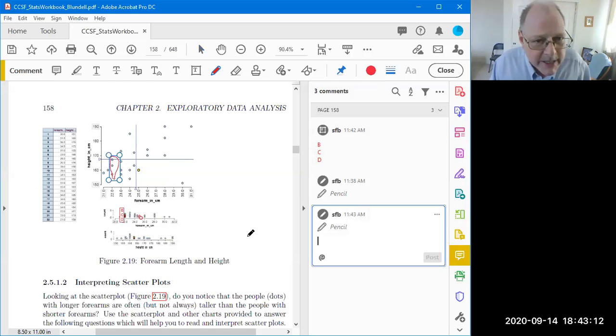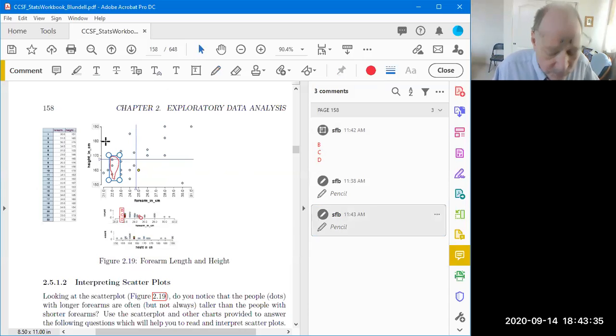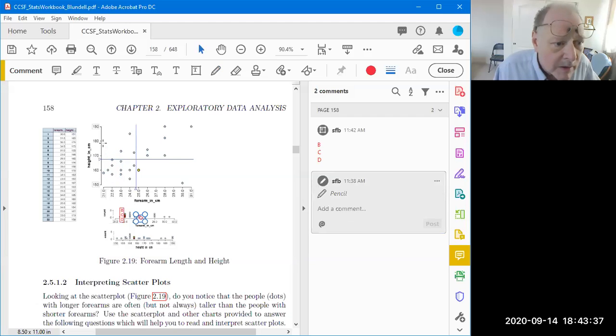So it's those guys. Now I don't know which one's which. Okay. So at this point I can just mark them B, C, D. But then I have to find where they are in the other pictures. Okay.